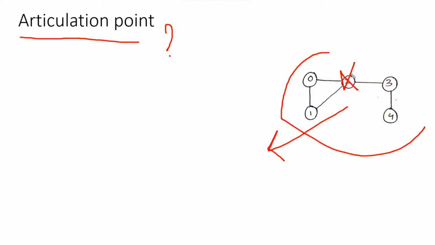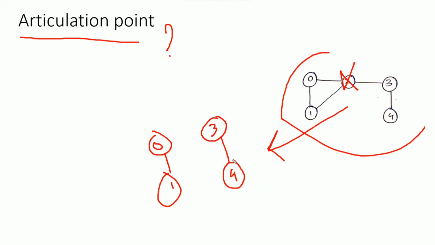After removal of vertex 2, the graph will split into two or more components. So the vertex on removal of which the graph splits into two or more components is known as an articulation point.